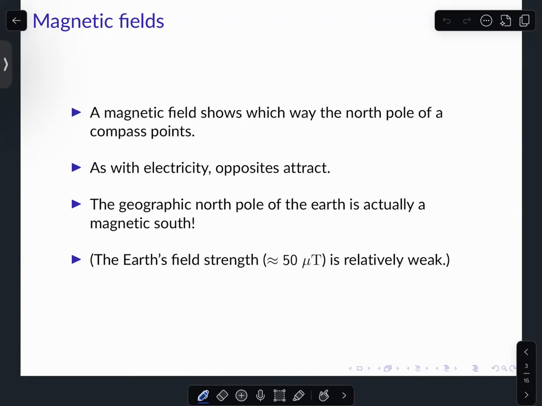South of any magnet is attracted to north of any magnet. The north side of the compass is defined as the side of the compass that points towards the Arctic circle.